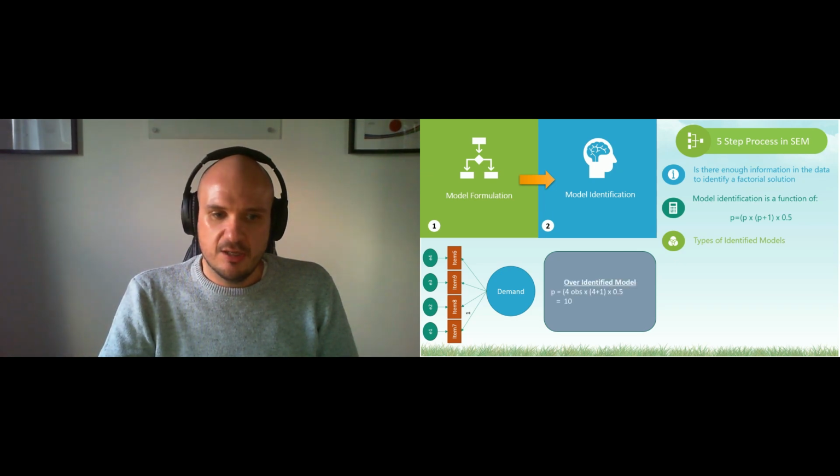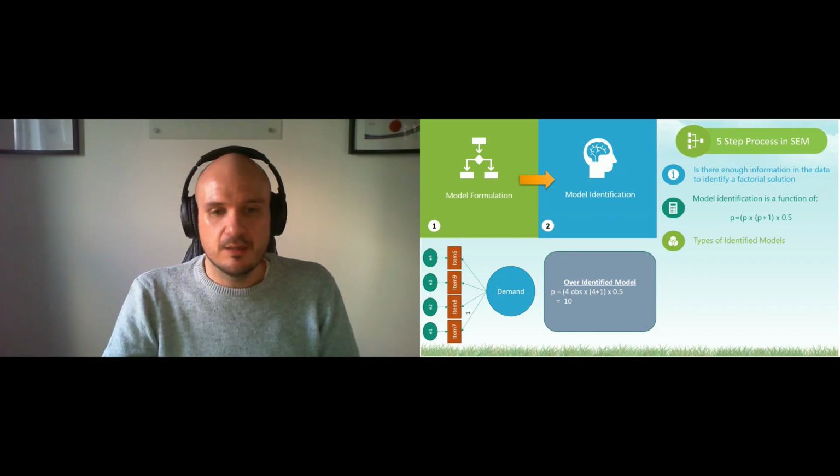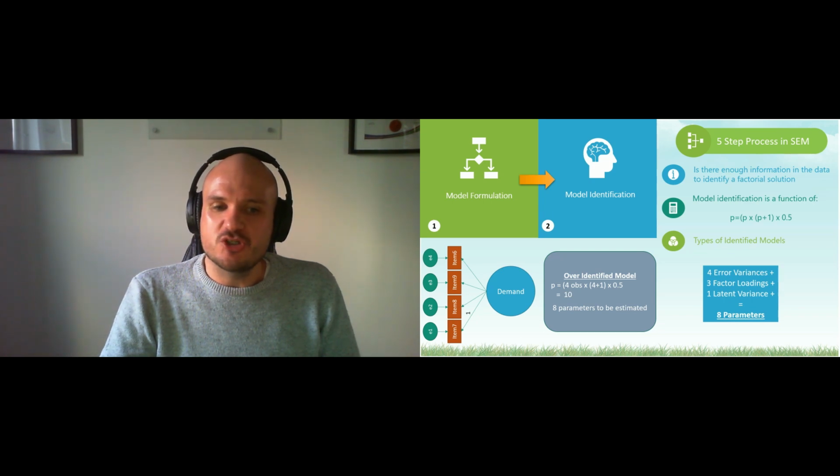Same equation. So we have 4 observed indicators. There are 10 free parameters that we can utilize. And how many parameters do we have to estimate though? We've got 4 error variances, 1, 2, 3, 4. 3 factor loadings, 8, 9, and 10. Why?